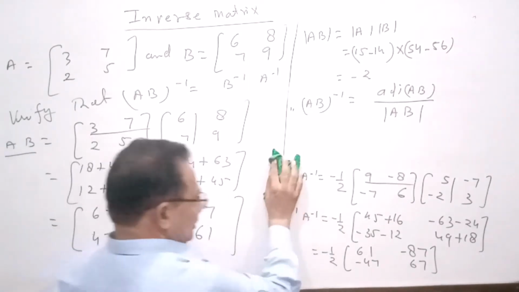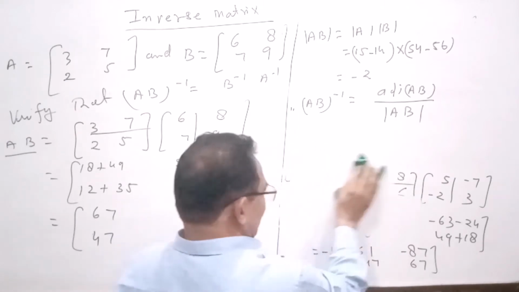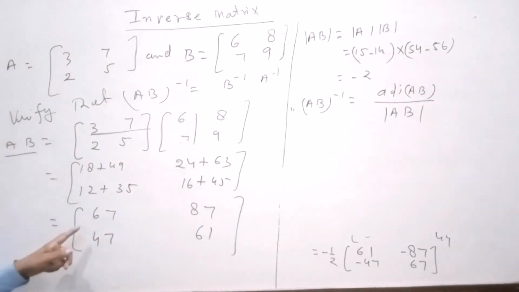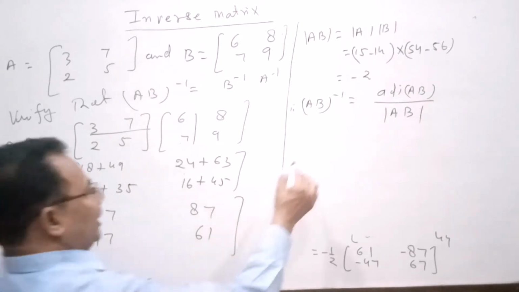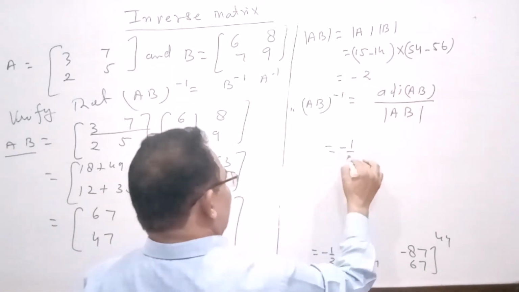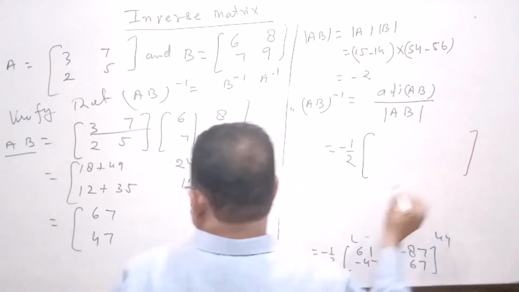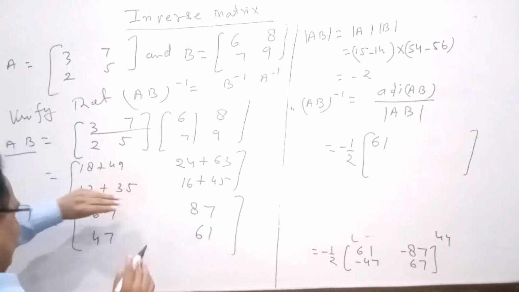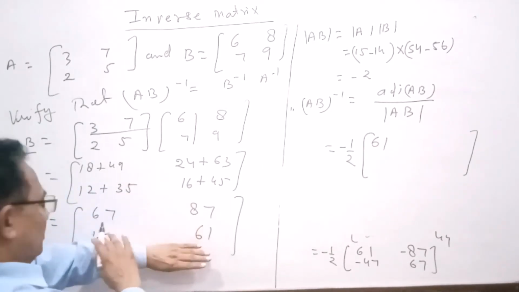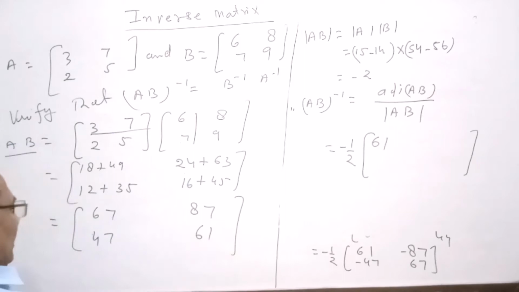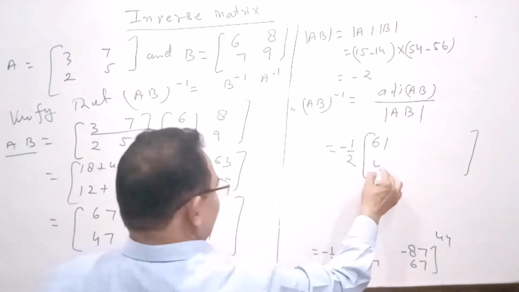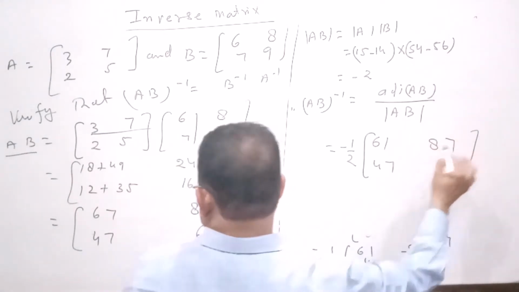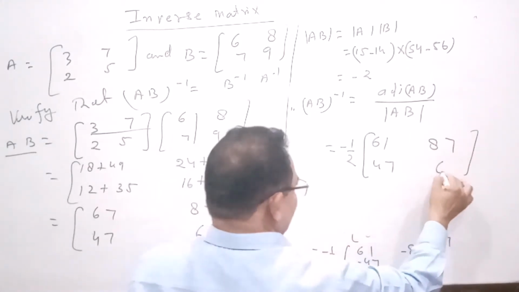Now we write the inverse of this matrix. We need to find its inverse, so we write the cofactor of this, minus 1 upon 2, 61, 60, 47, that is 87, and this is 67.